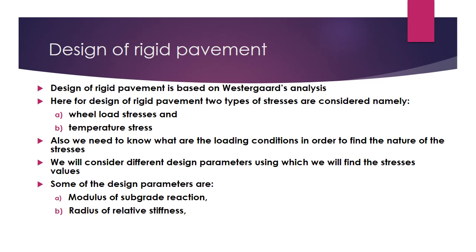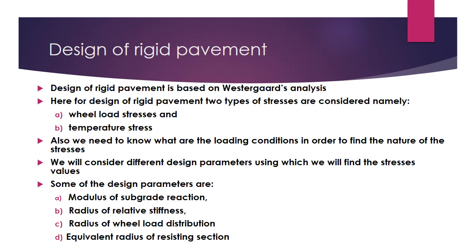Then radius of relative stiffness we have to know. Then another parameter is radius of wheel load distribution. And the other one is equivalent radius of resisting section. Let us see the first one and try to understand what is modulus of subgrade reaction.